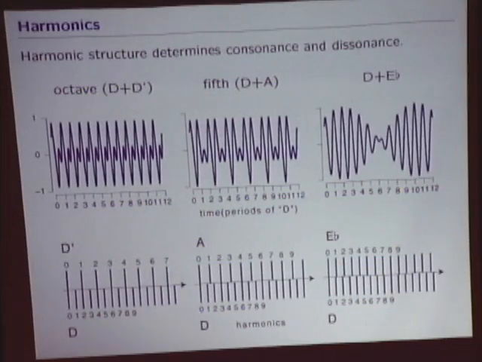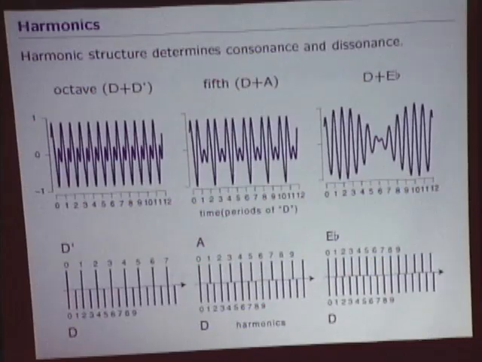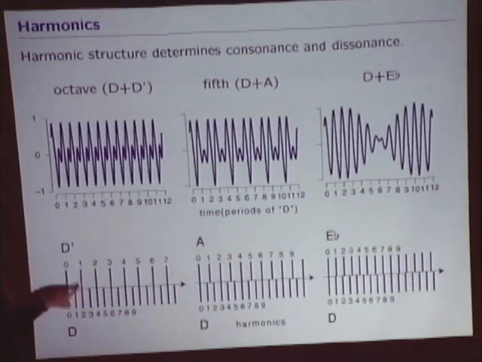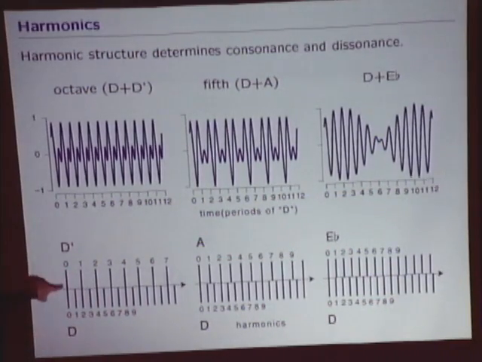So I'm going to play two different notes that are related by an octave shift, by a fifth shift, and adjacent notes in the semitone scale. And below it, I've illustrated the harmonic structure for the D and for D prime.